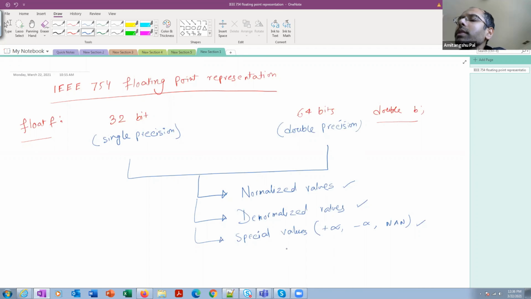Okay. All right. So in today's class, we are going to learn 32-bit floating point representation using the IEEE 754 standard. And in today's class, we are only going to concentrate on normalized values. Okay. All right.